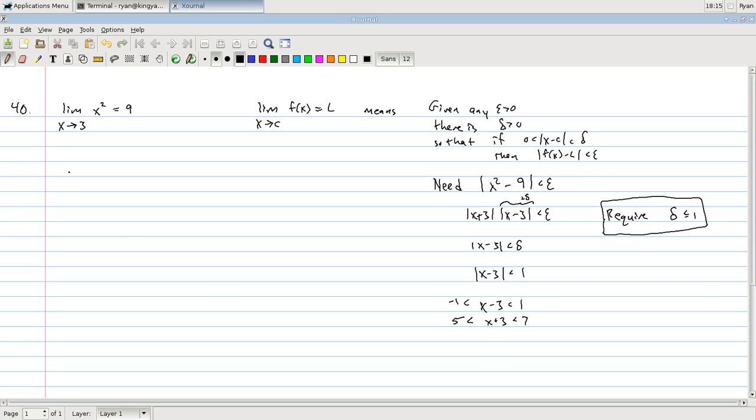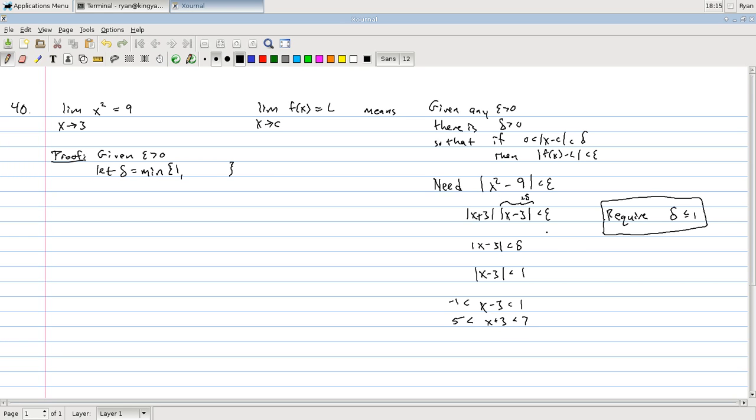So let's now go and look at the actual proof. So the proof, we'll start out with the definition. Given our positive number epsilon, we're going to let delta equal, now we're requiring that delta be less than 1, so we're going to say that this is going to be the minimum of 1 and this other thing that we're going to compute in just a moment. So let's figure out what that other piece is so we can proceed in the proof.